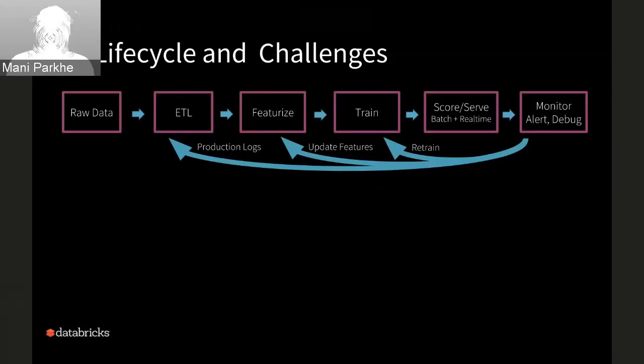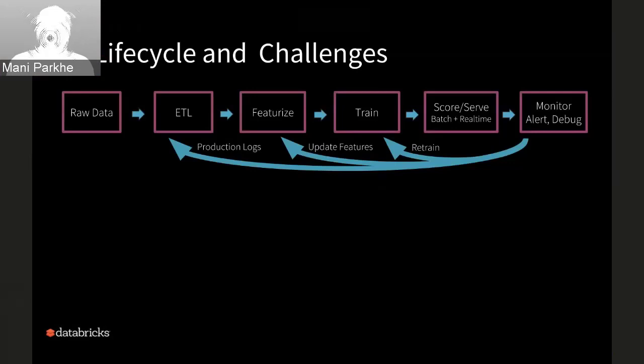For instance, after you train your model, you realize that the feature vectors were not perfect, so I need to go back and redo those. Or you might have to retrain with another algorithm. Or if the model looks good and you productionize it, the production logs are going to create even more data that you might want to bring back into the loop and retrain for the next iteration of this model. So even if this looks like a straightforward loop, it has its own iterative loops built in.